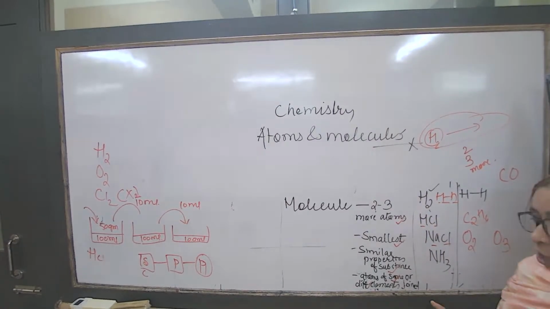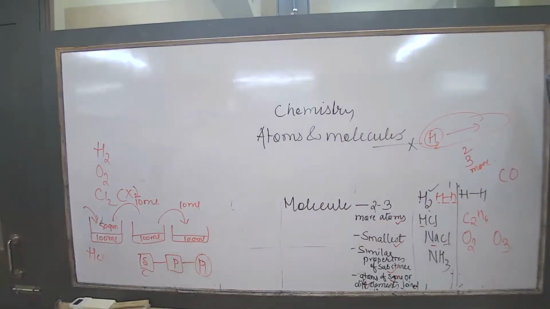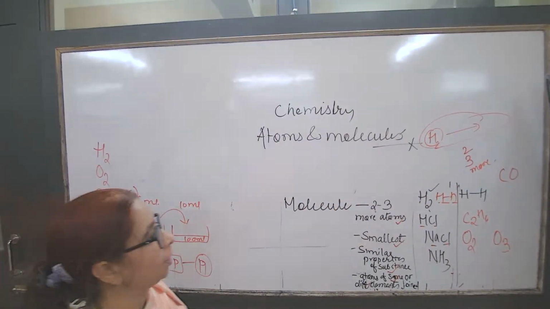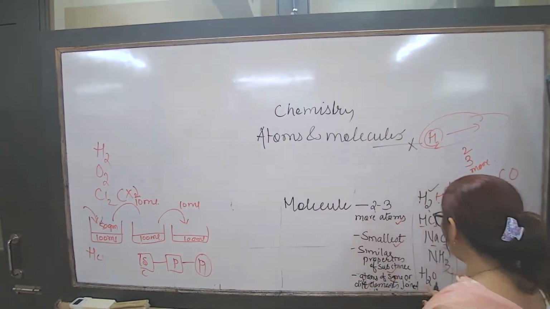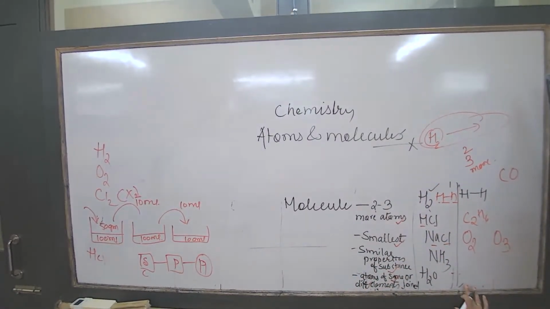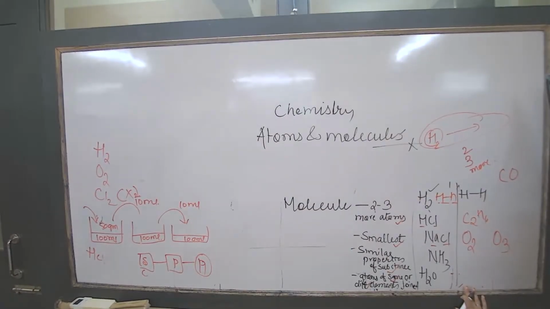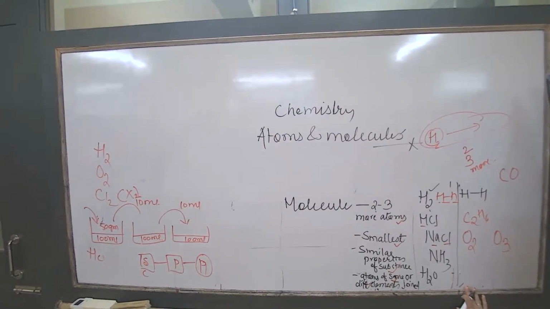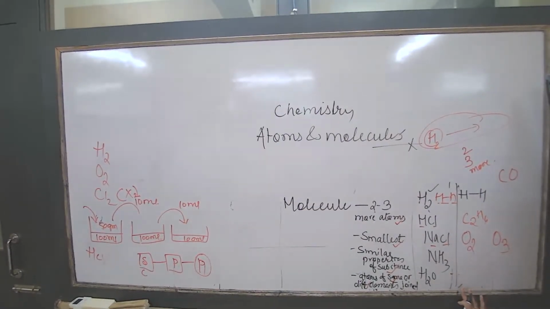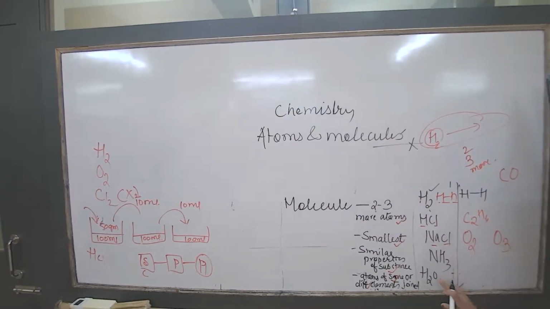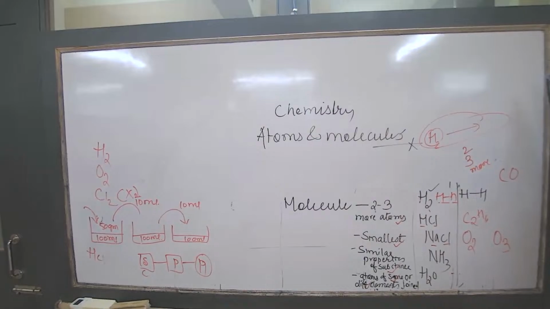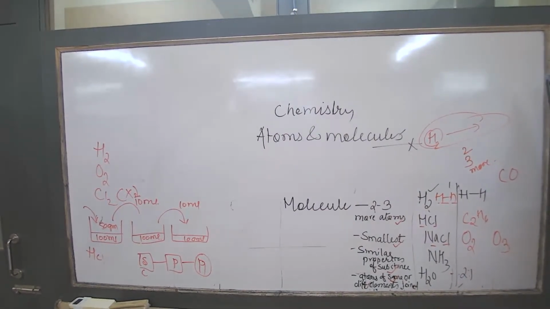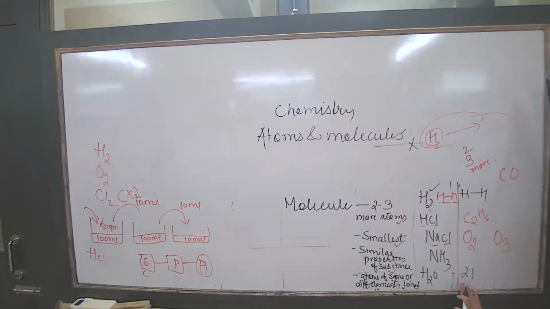For example, if I go with water molecule H2O, in H2O how many atoms are there in total? 3 atoms. In those 3 atoms, what is the proportion of hydrogen to oxygen? 2:1. ये मैंने एटम का proportion बोला है.